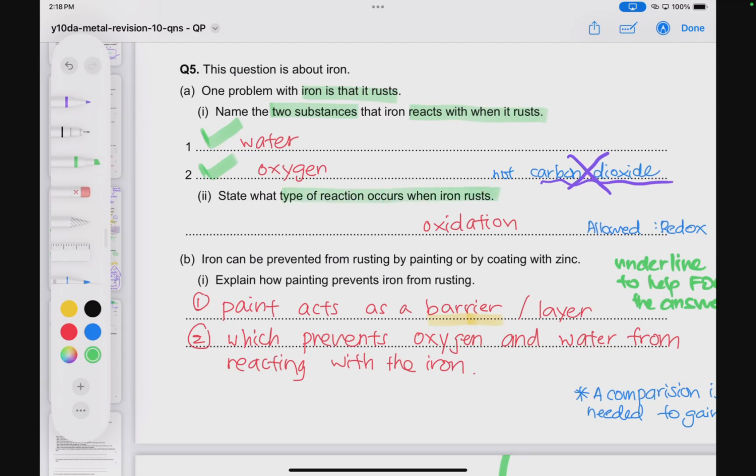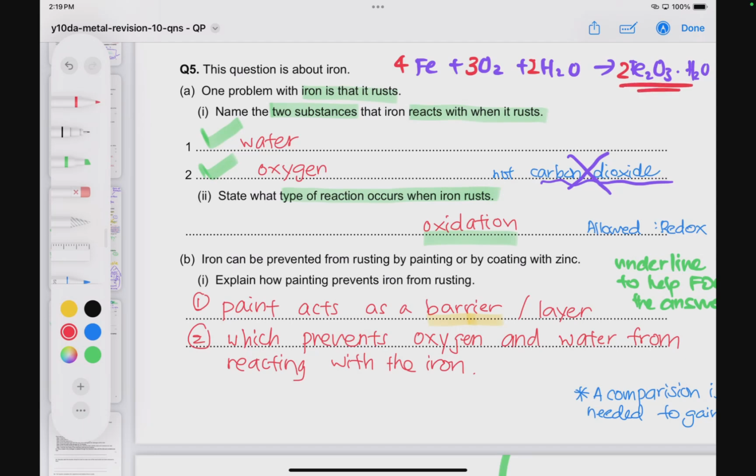State the type of reaction when iron rusts. When iron rusts, it is essentially oxidation. For those of you who can be extended to appreciate a slightly deeper concept, when iron reacts with oxygen and water, what we get here is hydrated iron trioxide with H2O. The balancing would be a little bit different from your usual things that you are learning, but it is never tested, okay?